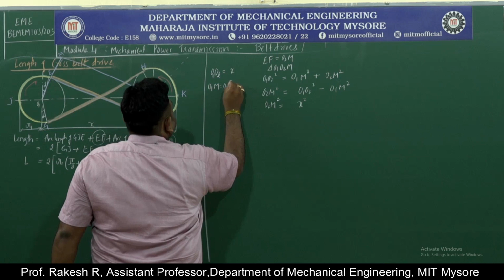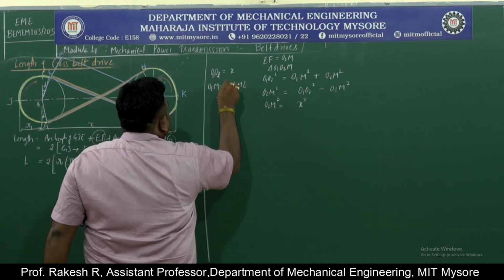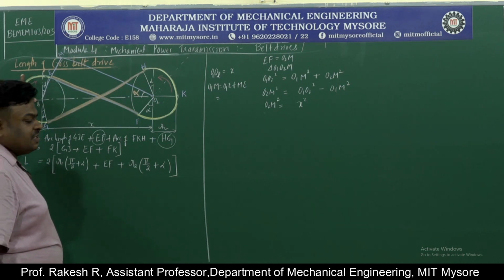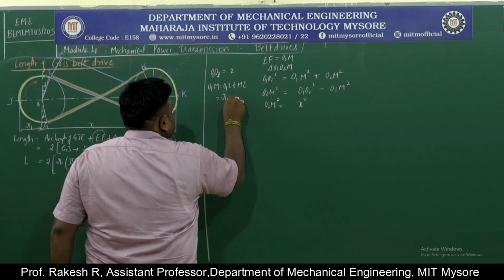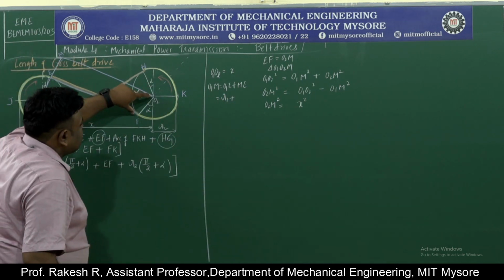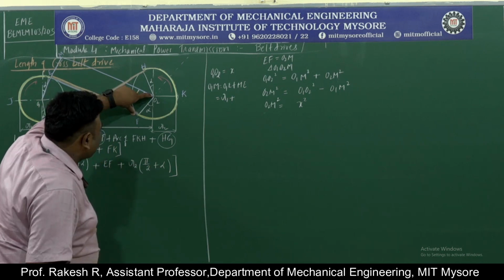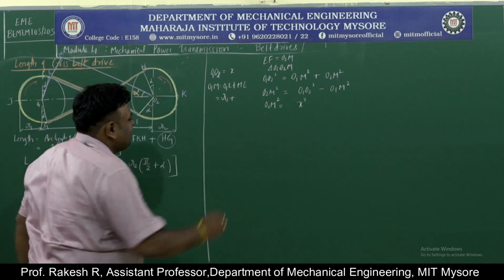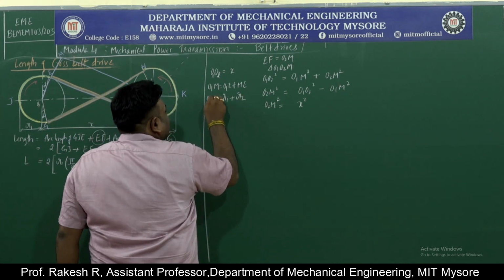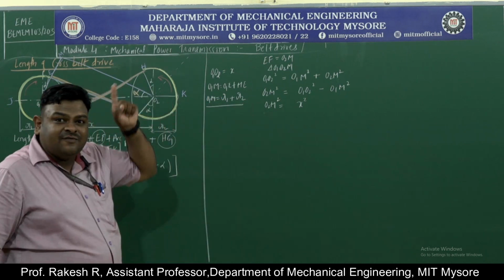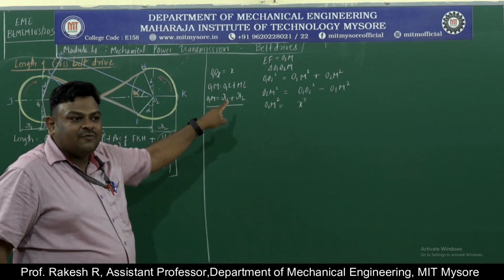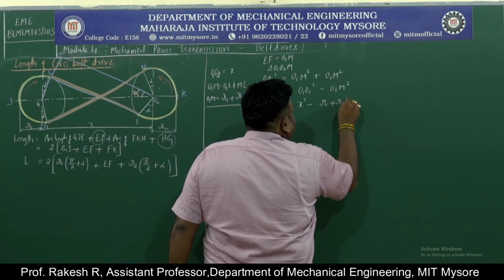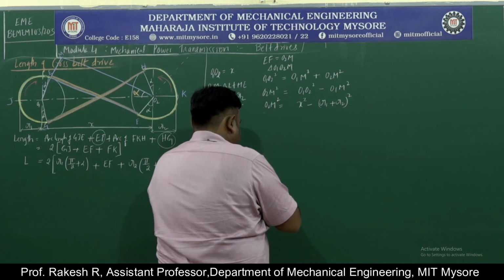O1E is nothing but this one, a radius, R1, plus ME. ME is O2F, this is R2. This is O1M. Very important here. Earlier it was R1 minus R2. Here it is R1 plus R2. You have to observe here. Minus R1 plus R2 whole square. This is the change here.